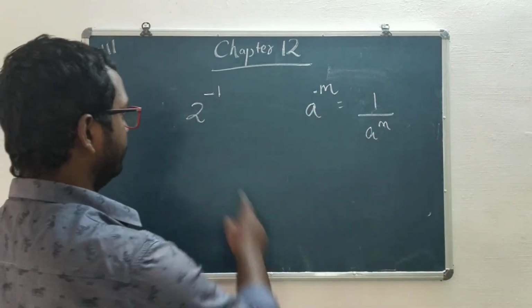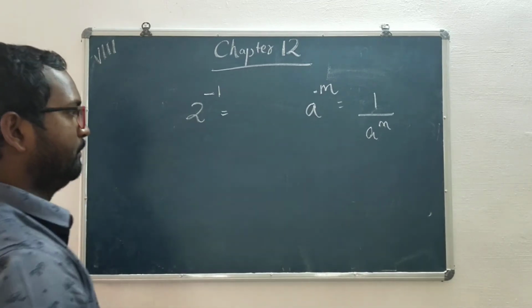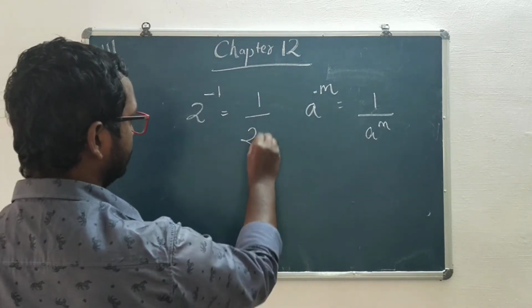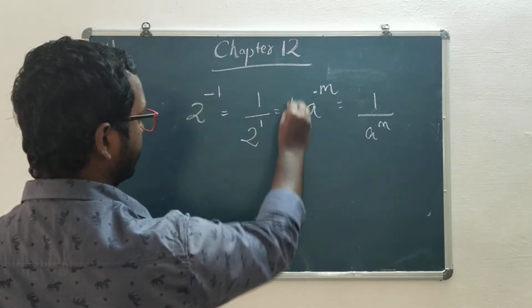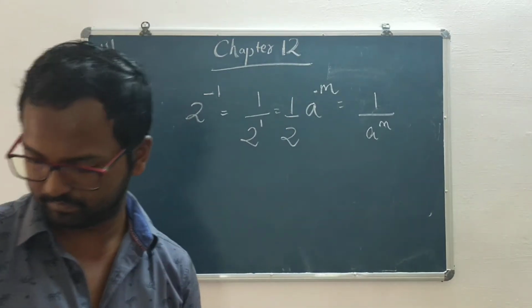So this will become 1 by 2 power 1, which is equal to 1 by 2.